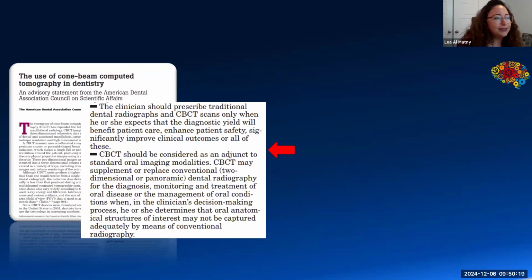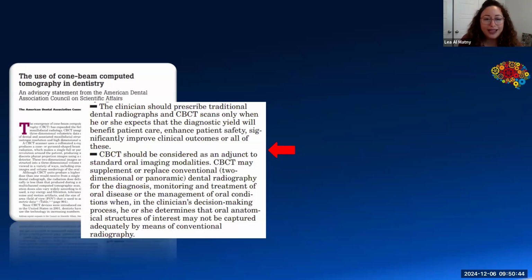Now, if we look at this from a more broad perspective, specifically when it comes to general dentistry, unfortunately we don't have a lot of guidance like: if you see the patient having these symptoms, or if you suspect this, then take a scan; if you suspect that, do not take a scan. We do not have this in place right now.